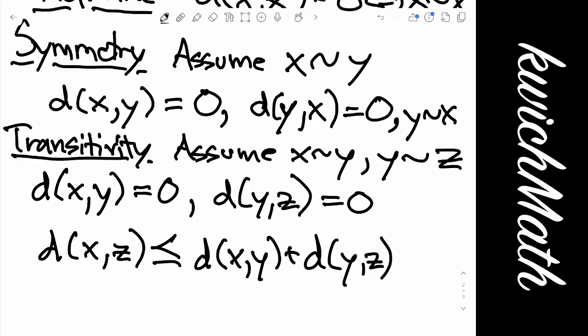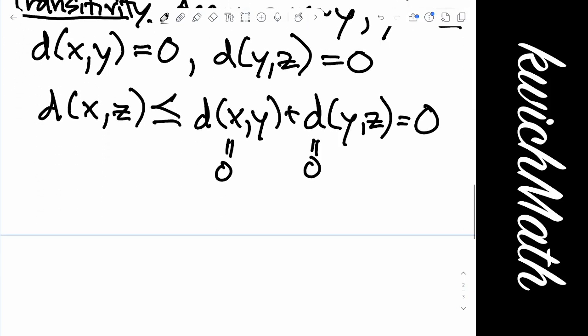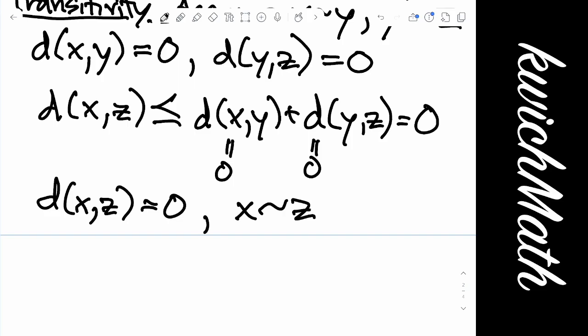It's the detour. But we know that each of these is 0, right? This is 0, this is 0, so it's 0 all in all. And since the distance between any 2 points needs to be 0 or larger, well, we can conclude that the distance from X to C is actually 0, so that means that X is equivalent to C.